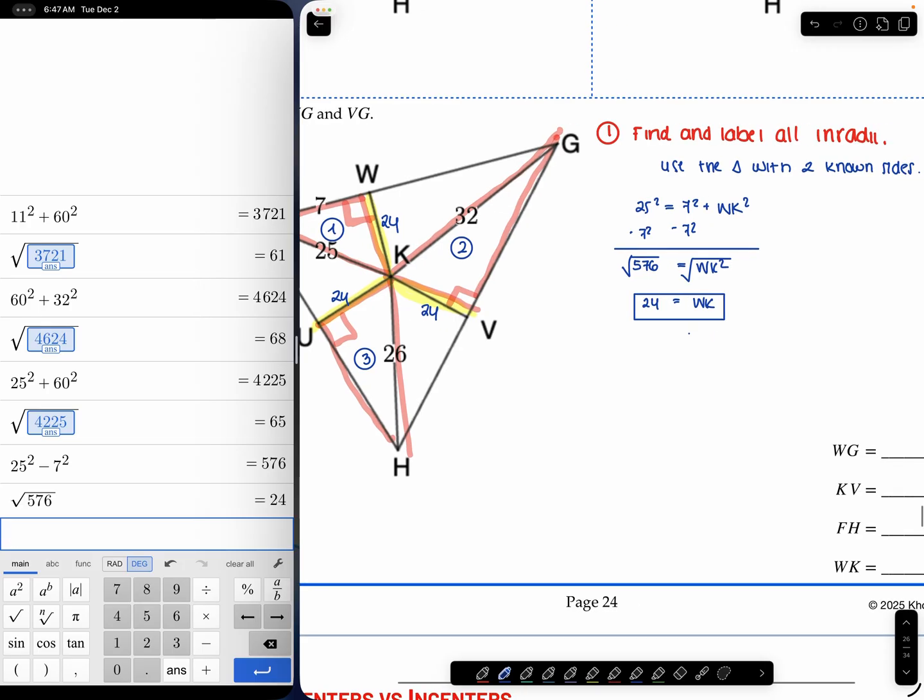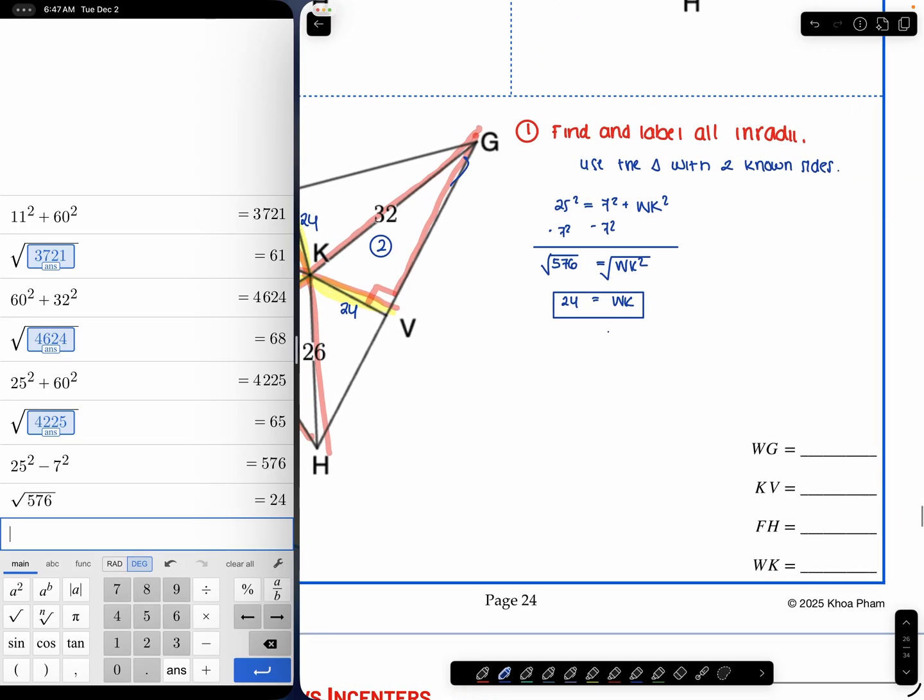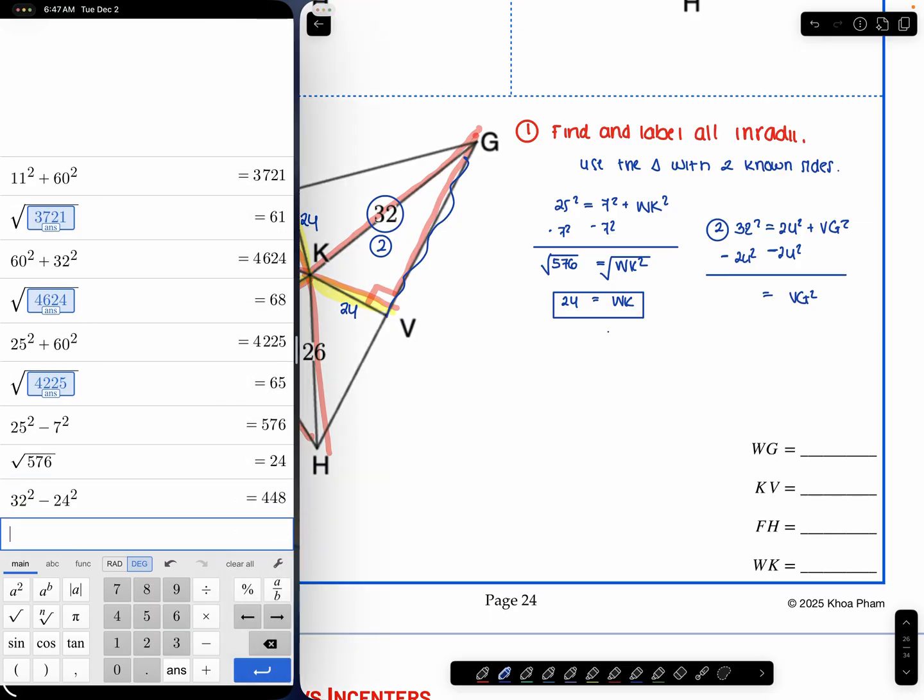In triangle number 2, I'm trying to find VG right here, but 32 is my hypotenuse. So 32 squared equals 24 squared plus VG squared. We're going to subtract off 24 squared. So 32 squared minus 24 squared, that's not a perfect square.